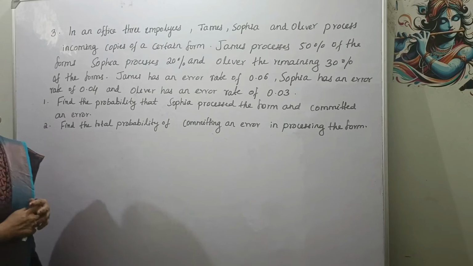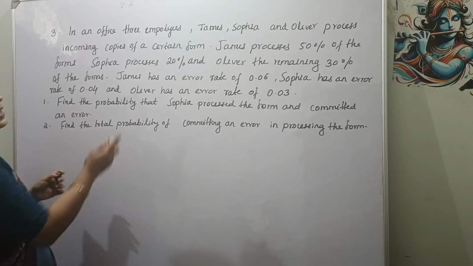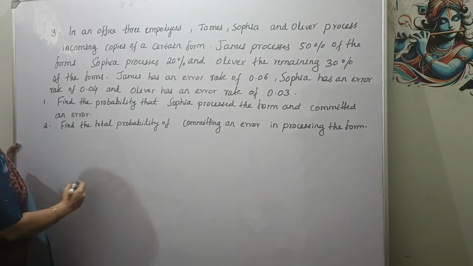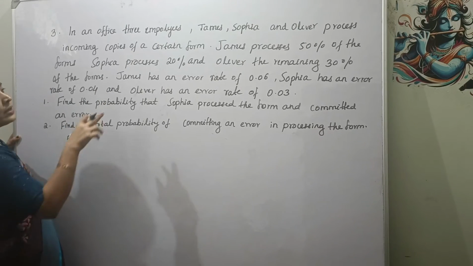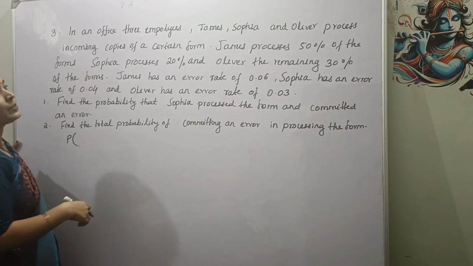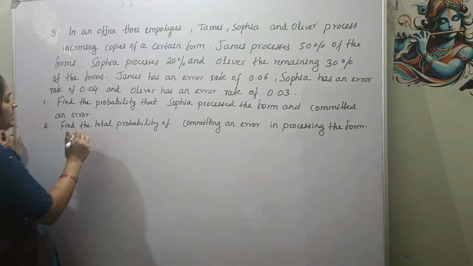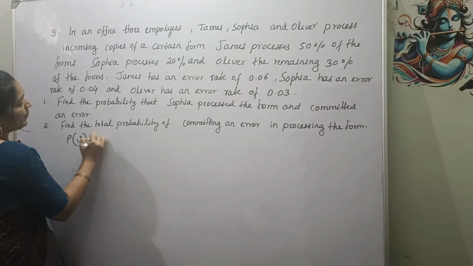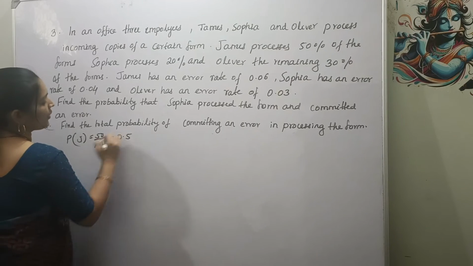First of all, let's write what is given. Probability of processing of the forms by James is 50%. Let's denote it by J. That is 50 by 100, equal to 0.5.